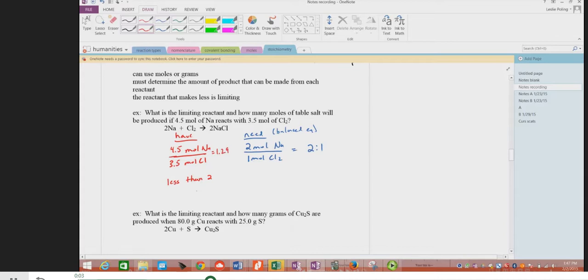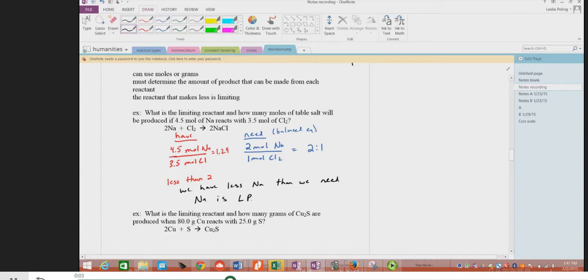So that means we have less sodium than we need.